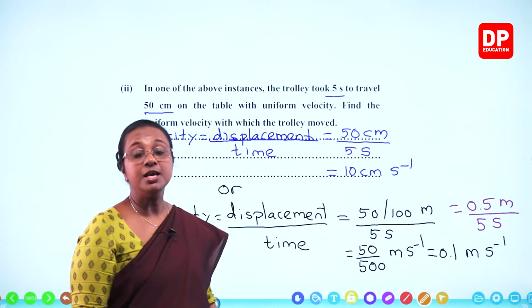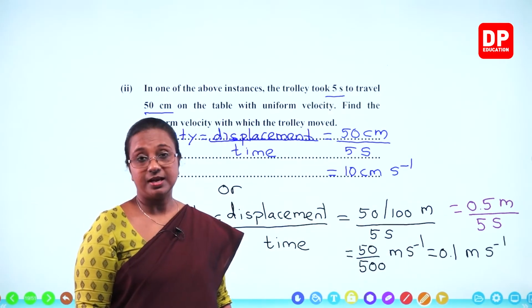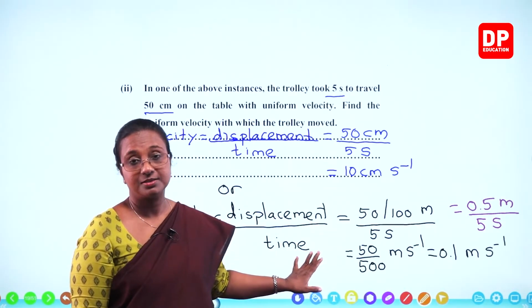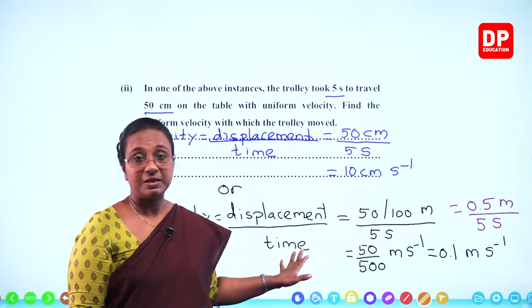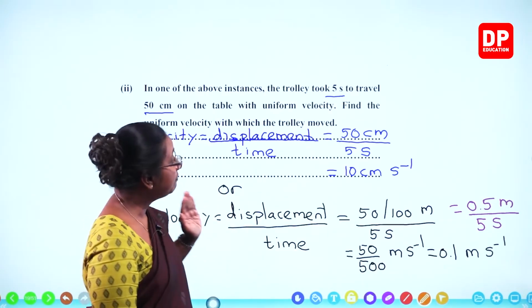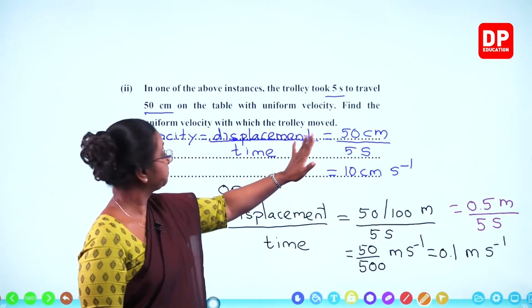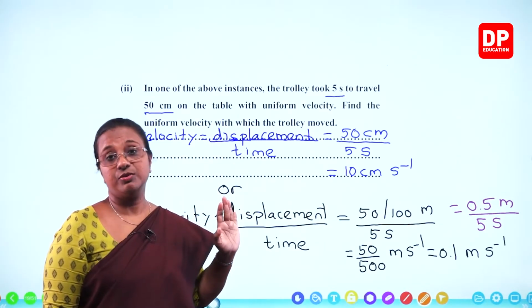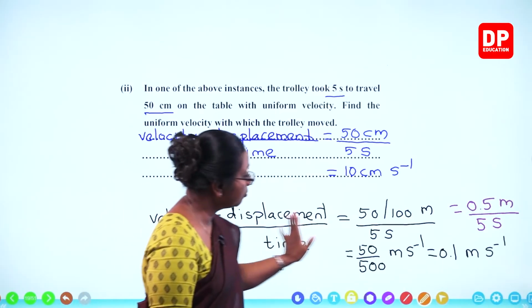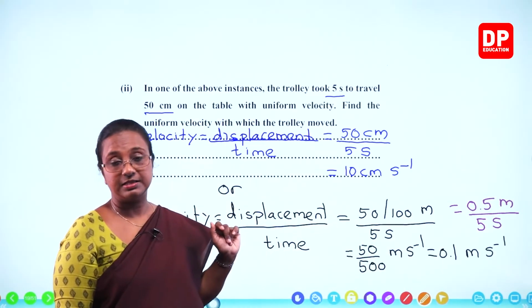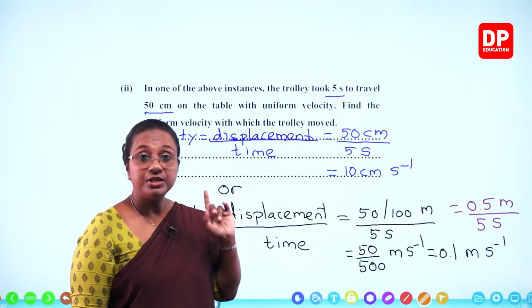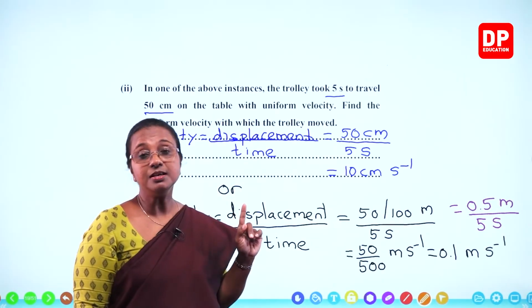So the answer will be 0.1 meters per second. Both methods you will get the marks, the same marks. So you can follow one of the methods. But if they tell you in the question, find the uniform velocity in standard units, then of course you have to use the second method. You have to convert centimeters to meters. So depending on how they ask the question.